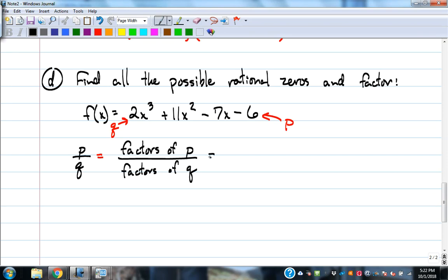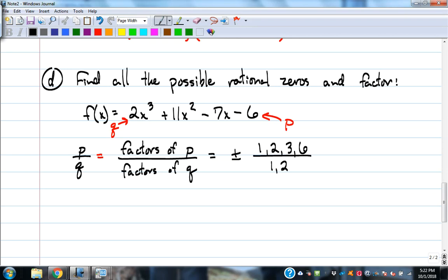So what are the factors of 6? What are things that multiply to give me 6? 2 and 3, 1 and 6, right? What are the factors of 2? 1 and 2. That's the only ones.